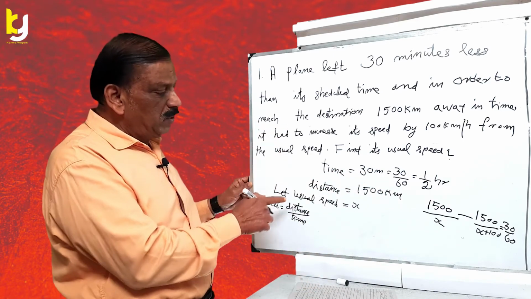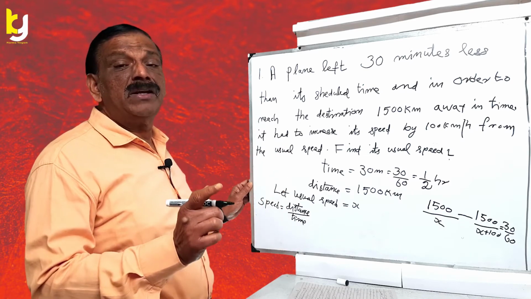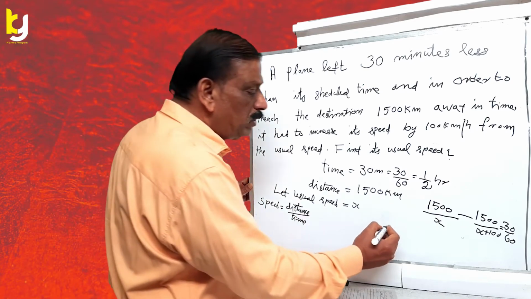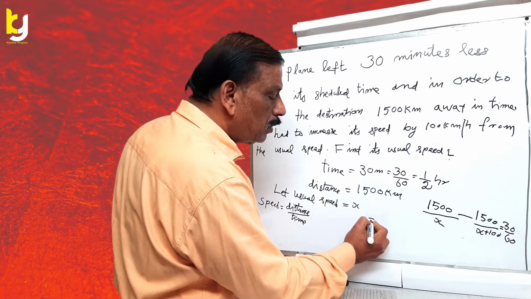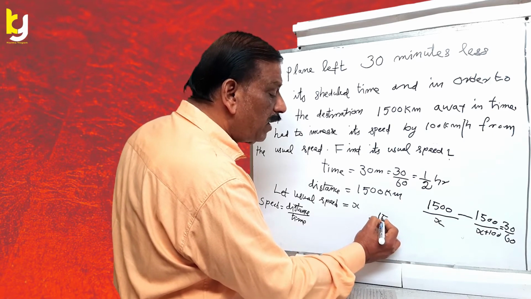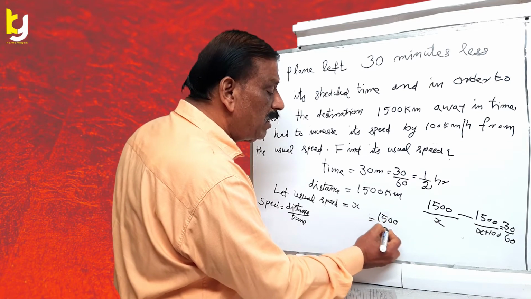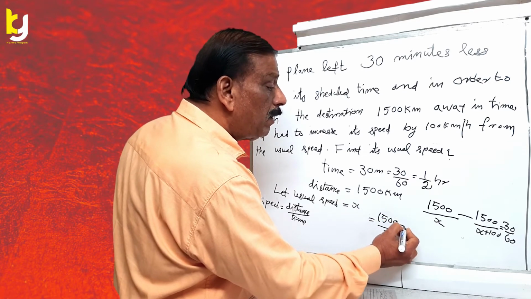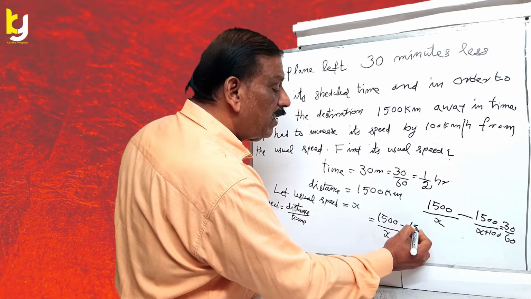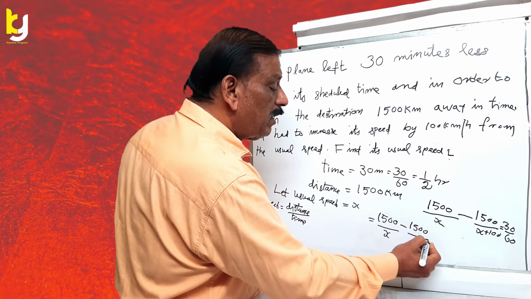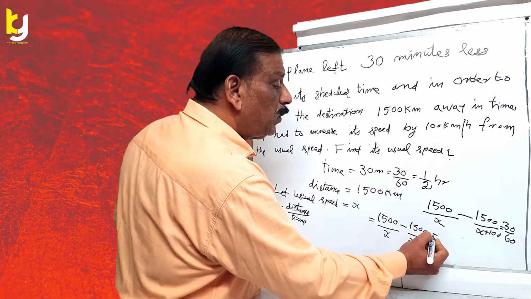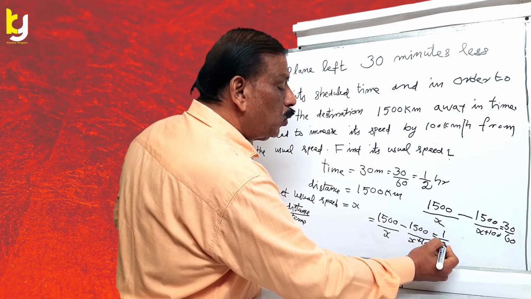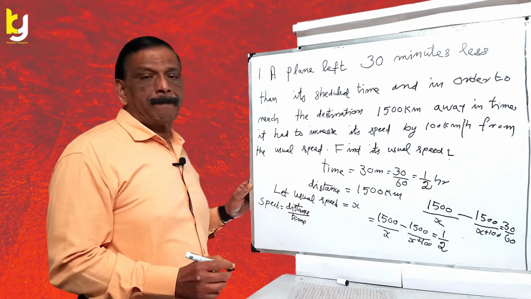If you have any doubt in any steps, please comment in my comment box. So this is equal to 1500 divided by x minus 1500 divided by x plus 100 equal to 1 by 2 hour.